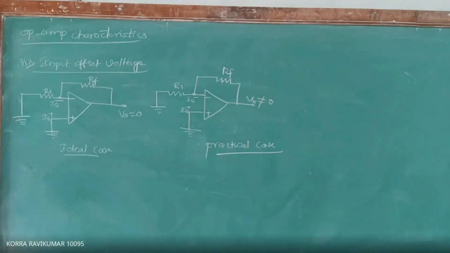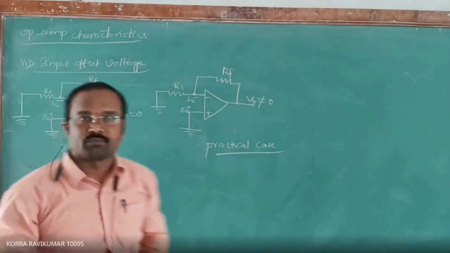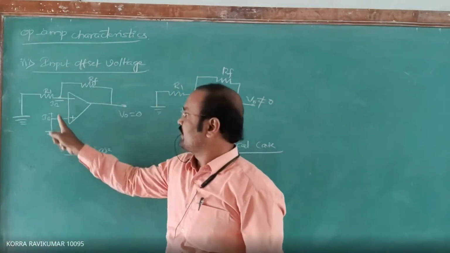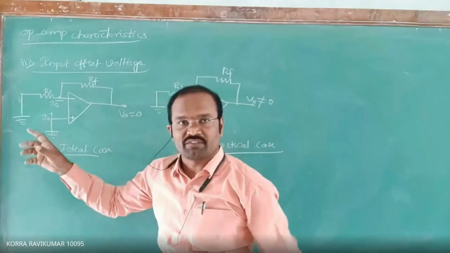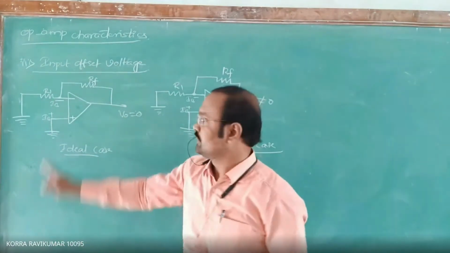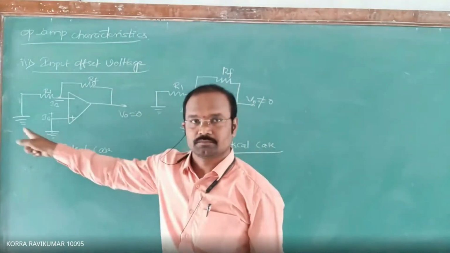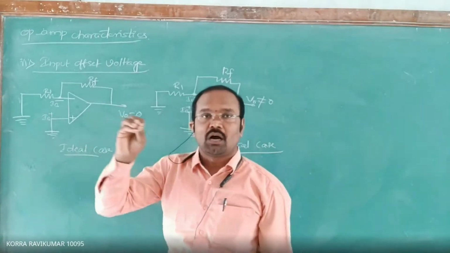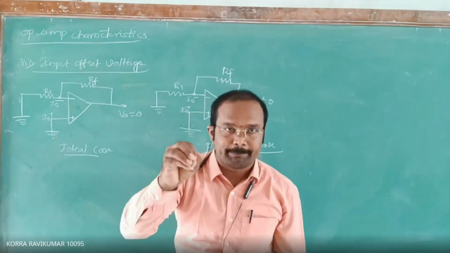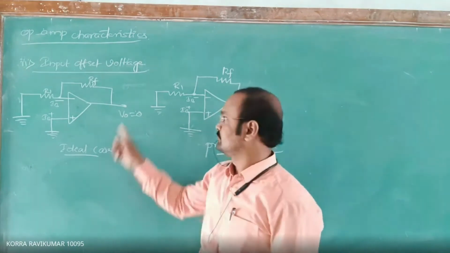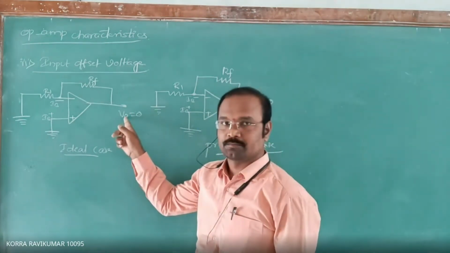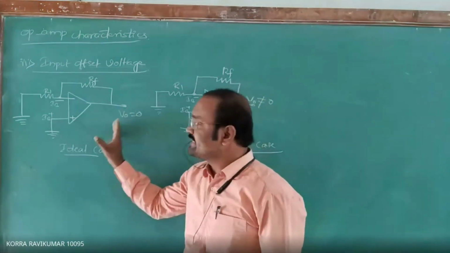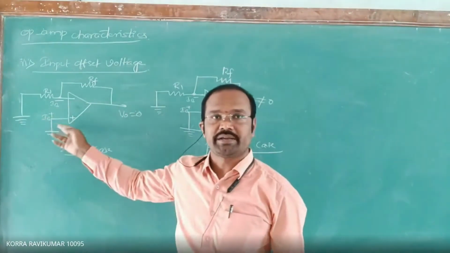Consider this. Whenever both inverting and non-inverting terminals of the op amp are connected to ground like this, then the output voltage of the op amp must be equal to 0. So V0 is equal to 0. This is true for the ideal op amp.